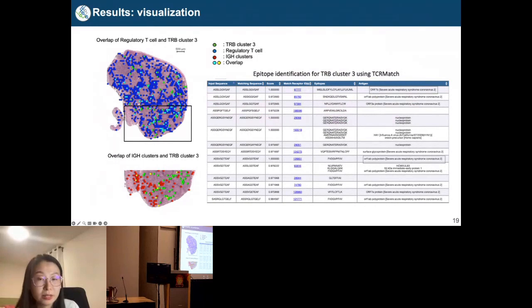We then queried the IEDB database using TCRMatch to find epitope matches and specificities. Some antigens like ORF7b and ORF1ab were hit, but still need to be verified by immunologists.